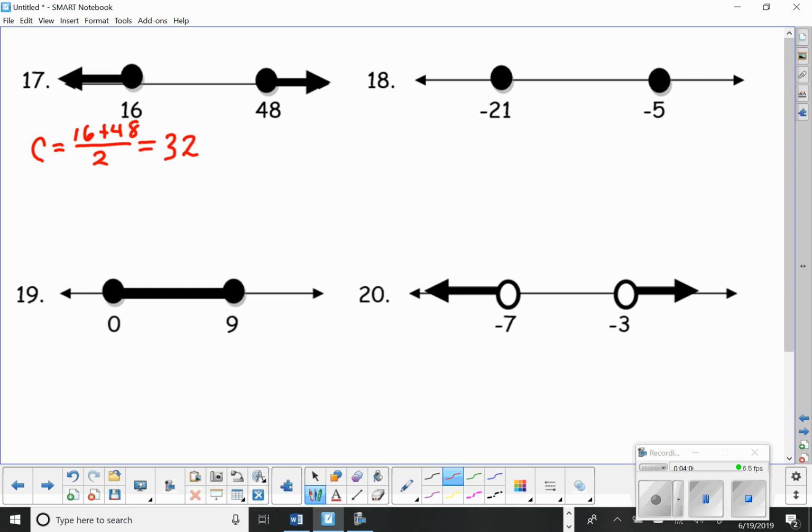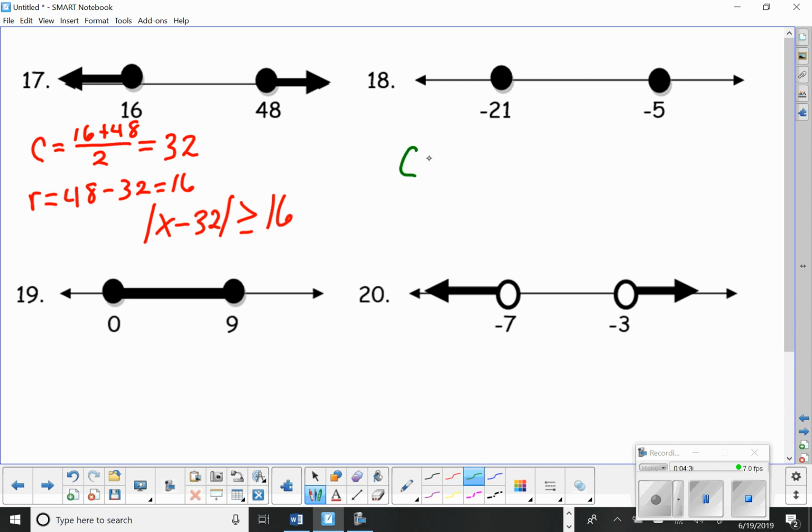And then you're going to do R, 48 minus 32 is 16. This is a greater. You're farther away from 0, not closer. So you're going to have x minus 32 is greater than or equal to 16.